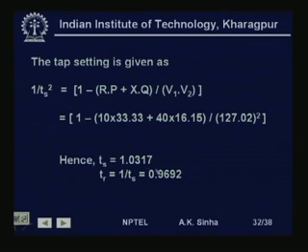So, if we keep these off nominal taps, T_s as 1.0317 and T_r equal to 0.9692, both end voltages will be equal to 220 kV line to line.